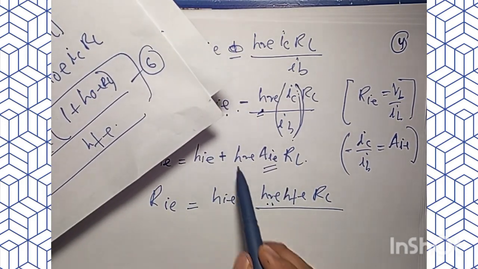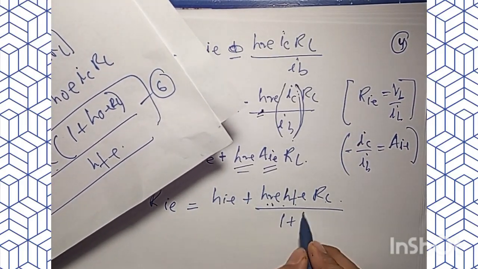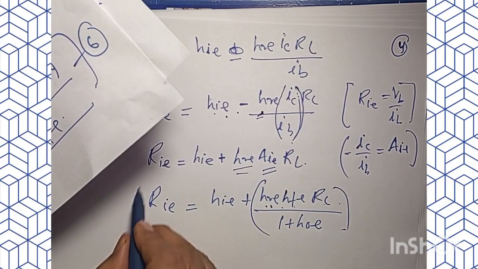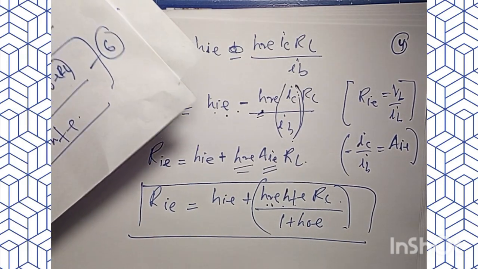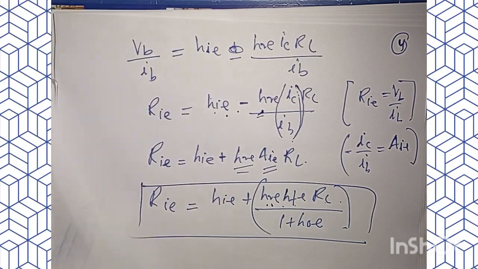HRE is the original one here, then HFE RL, that's correct. So this is the expression for input resistance of this transistor in common emitter configuration, in common emitter mode. So here what we have obtained is the input resistance.